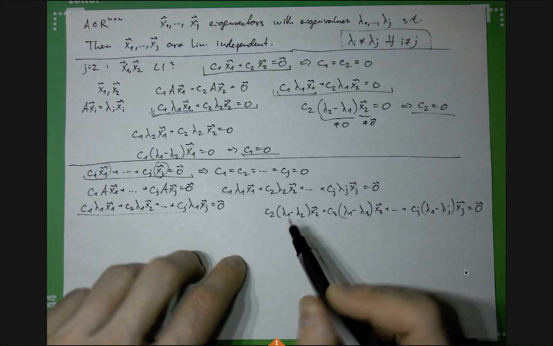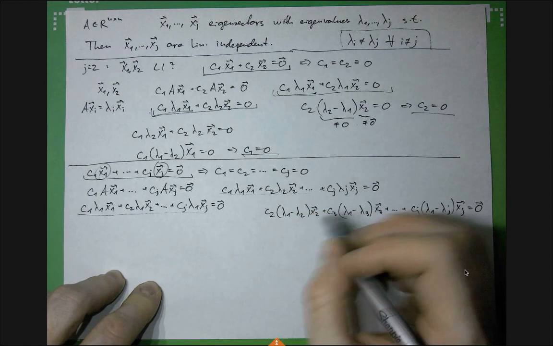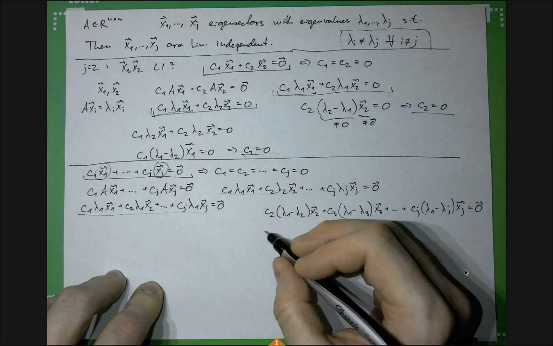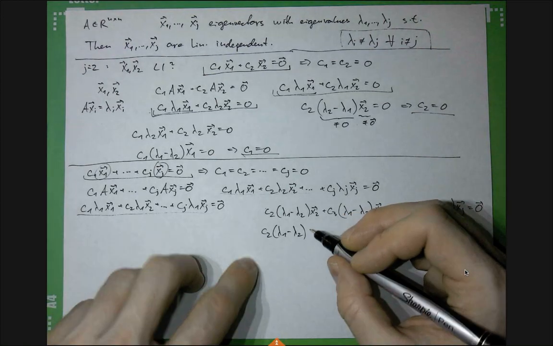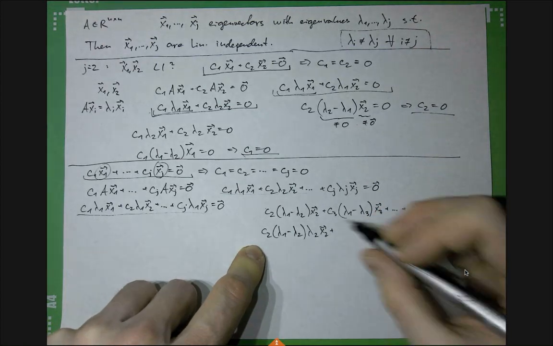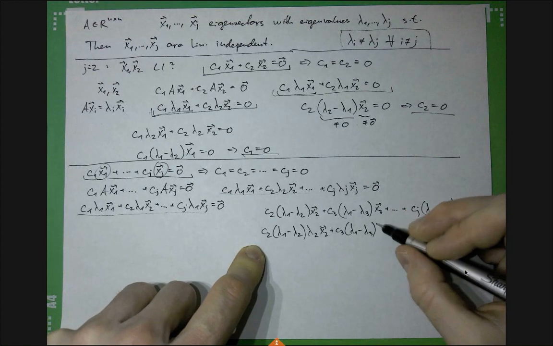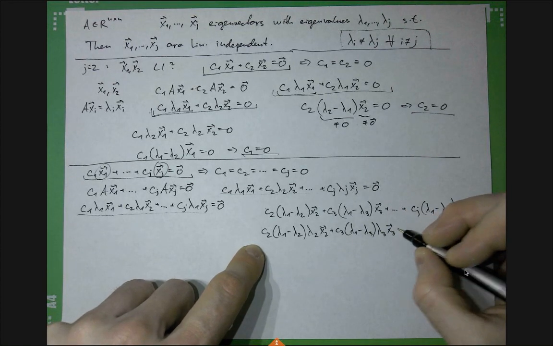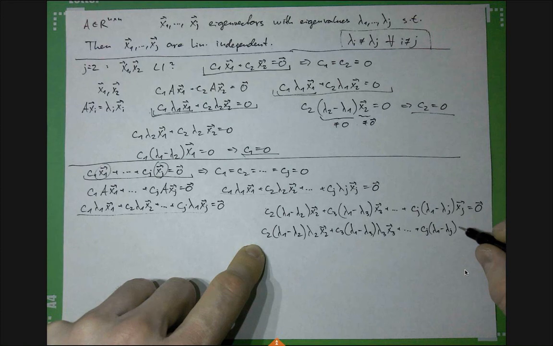And now I need to just apply the same tricks once again. So I can multiply this entire thing by A. I will just do it a little bit quicker now. By multiplying with A, I get here lambda 2 x2, C3 lambda 3 lambda 3 x3, and so on, up to Cj (lambda 1 minus lambda j) lambda j xj gives me 0.